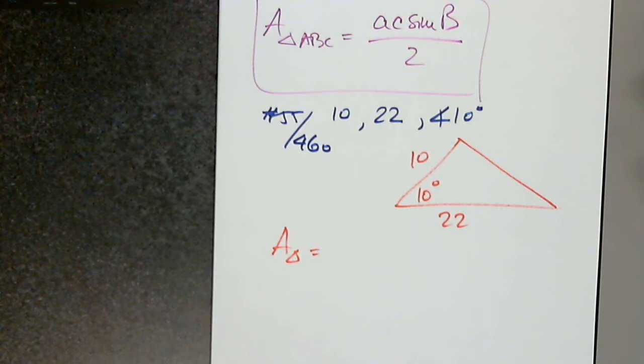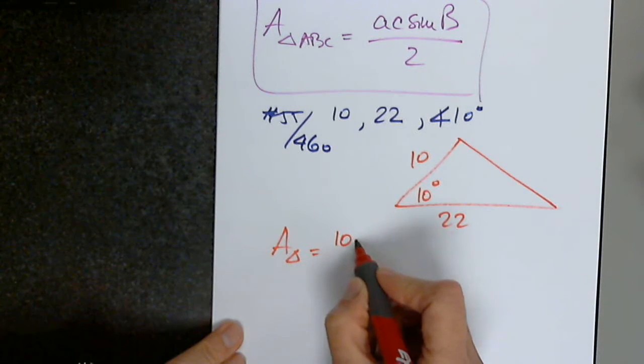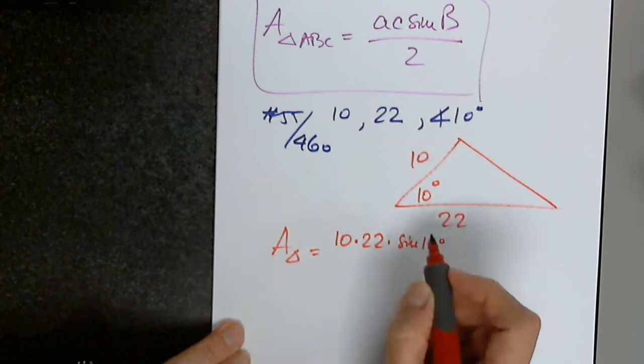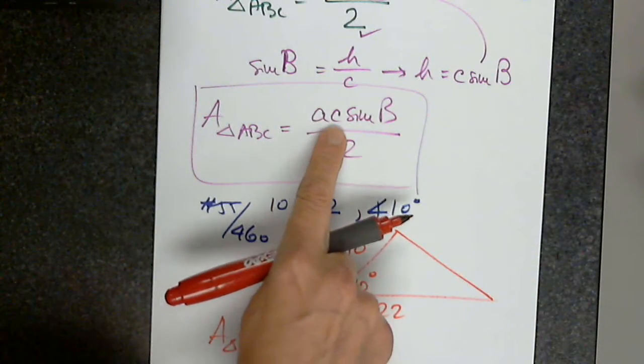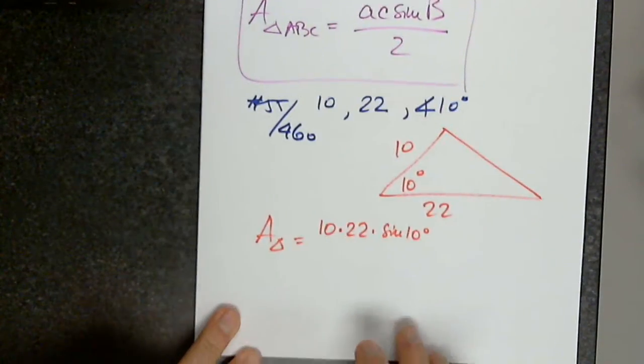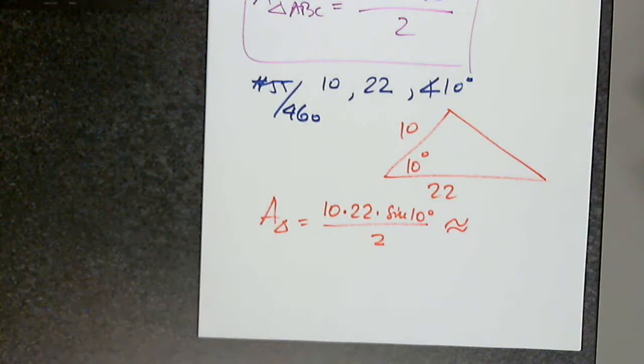How do I write the area of this triangle? Area equals 10 times 22 times sine 10, the angle included between those two sides, divided by 2.